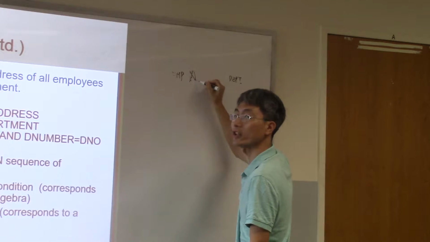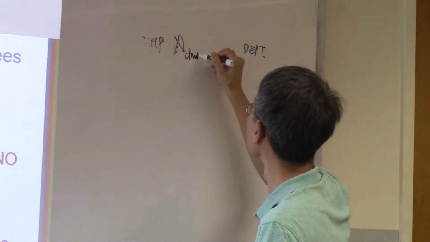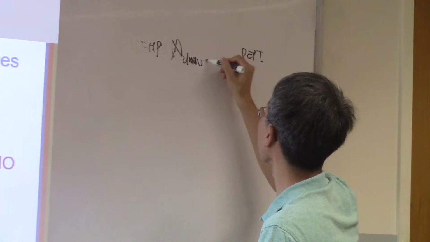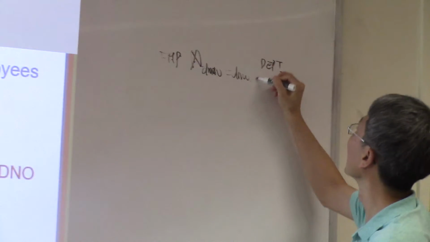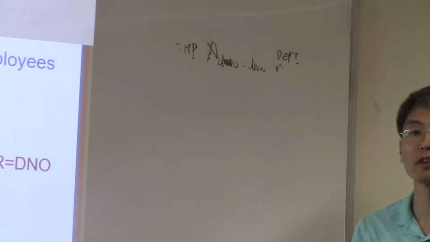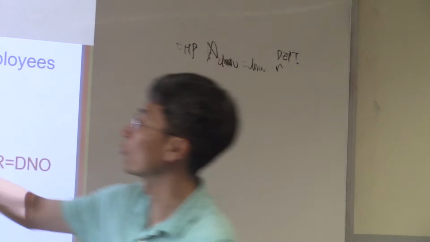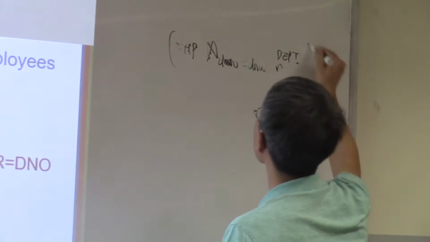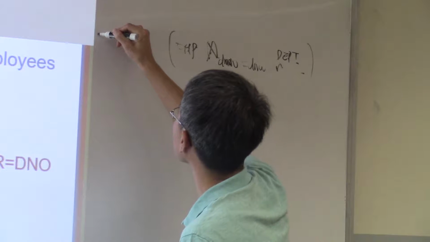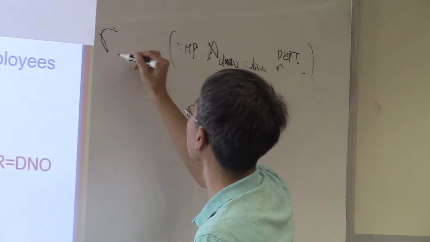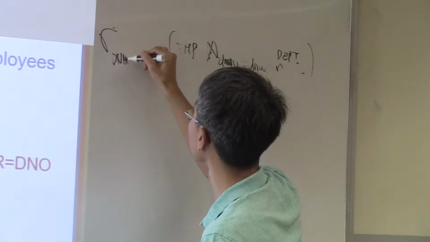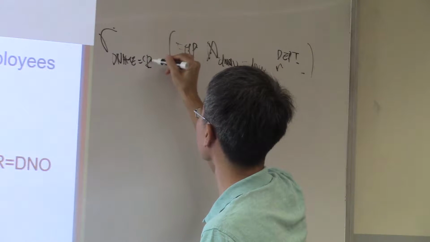The join condition is Dno in employee is the same as Dnumber in department. Right? It's a join. After you join, we need the research department only. So you can select Dname is Research.